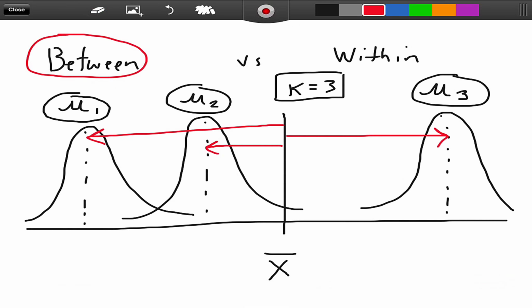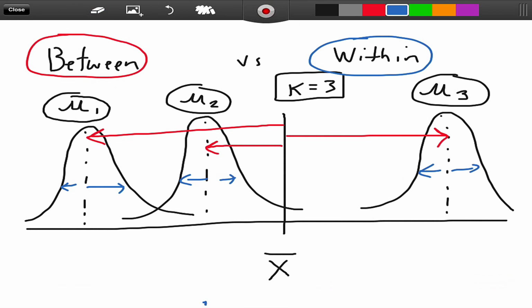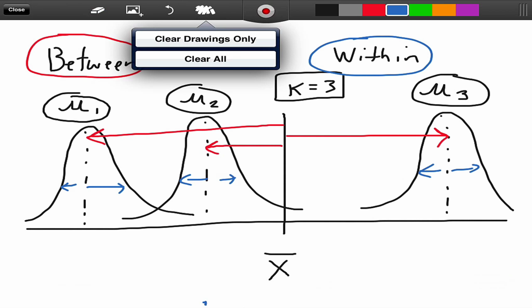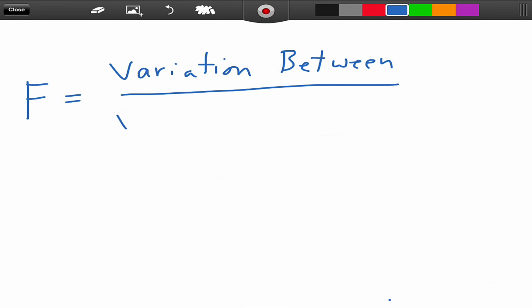When we talk about the variation within, we're looking at the variation within the distributions. Now, without getting too crazy here, let's go back again and think about what the F statistic is measuring. Variation between, variation within.